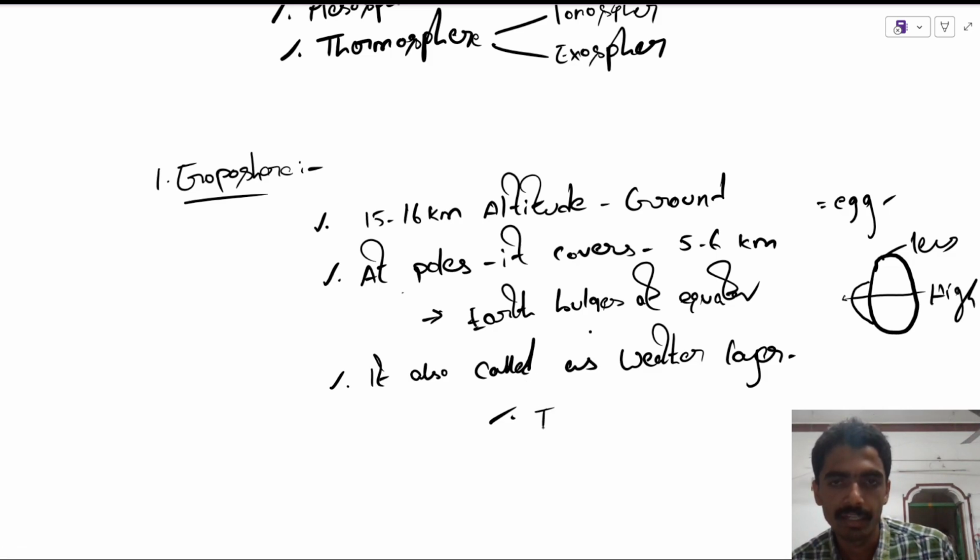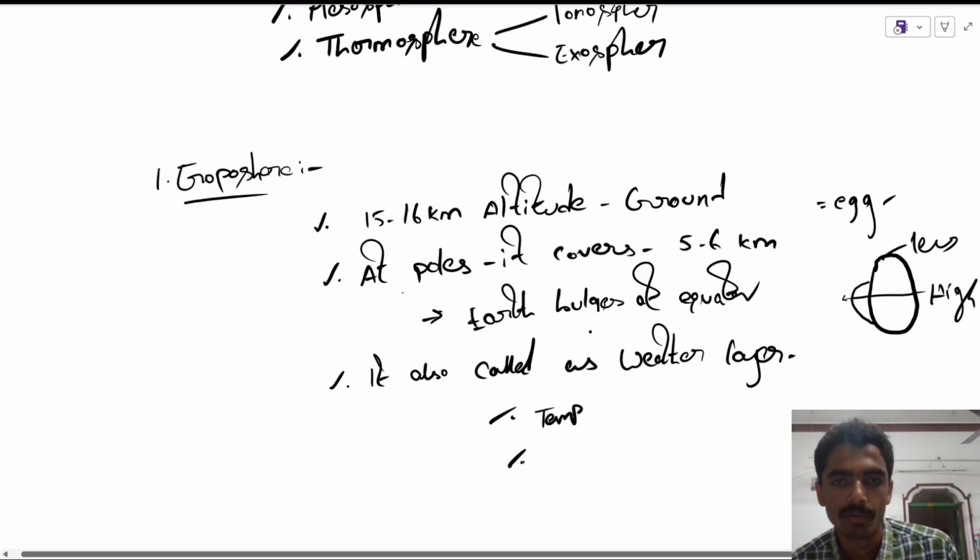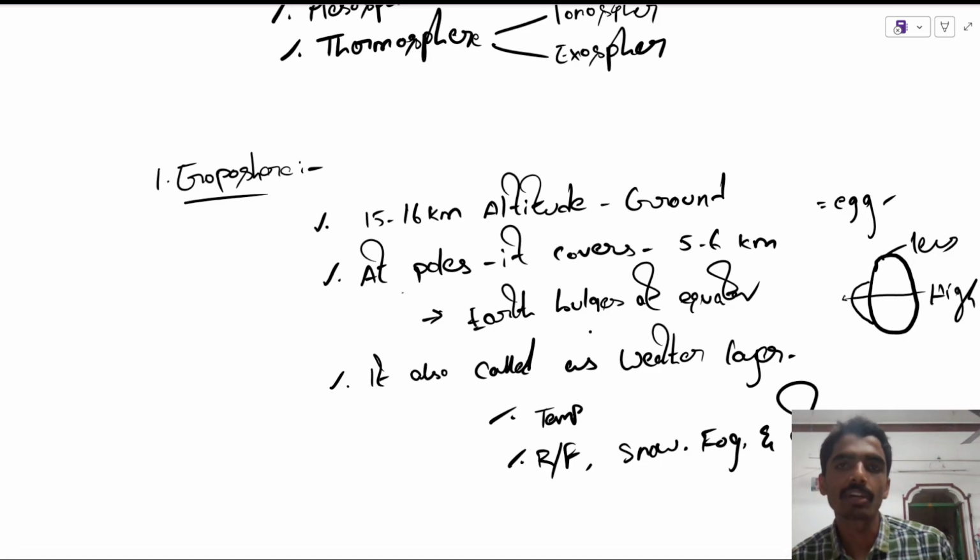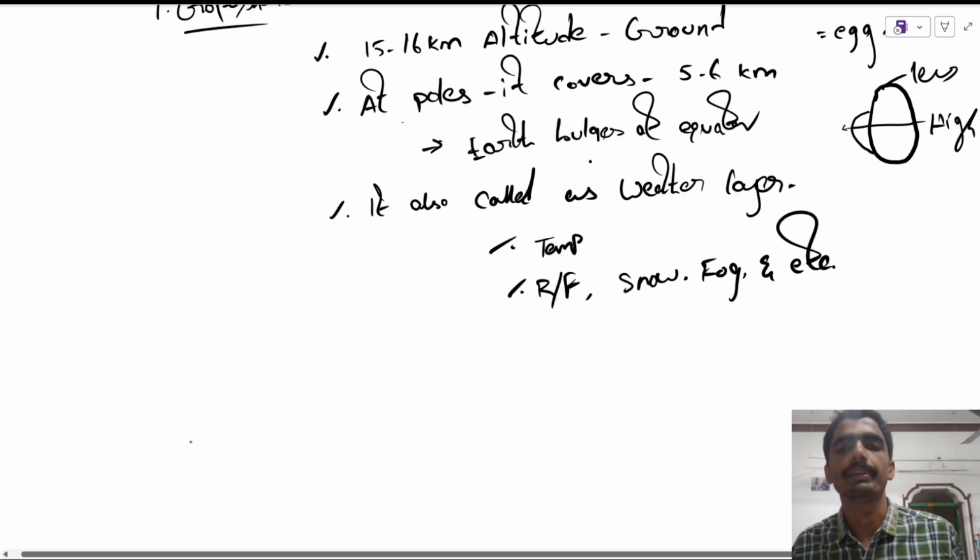So here temperature, rainfall, snow, fog and etc., we observe the weather layer as the troposphere. Generally the weather layer is also called the troposphere. So you have to note this point.